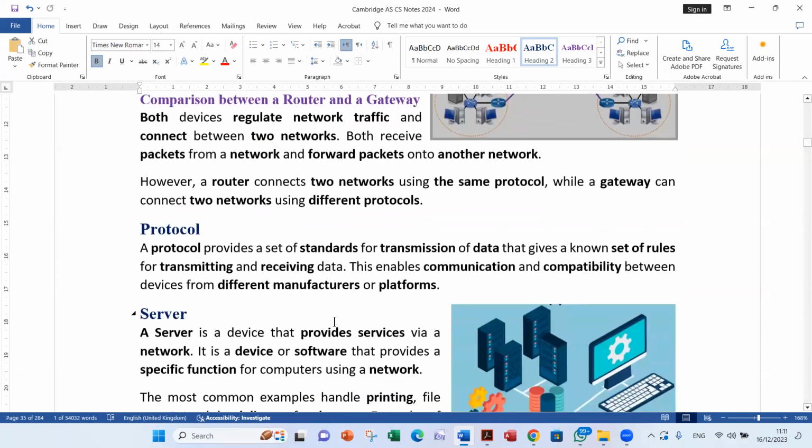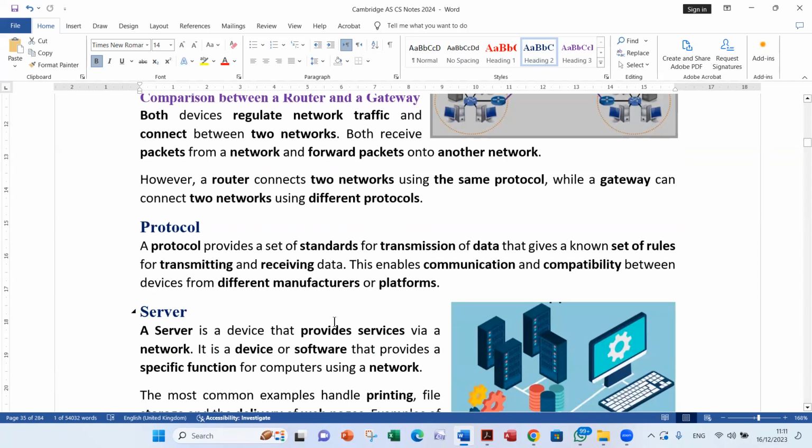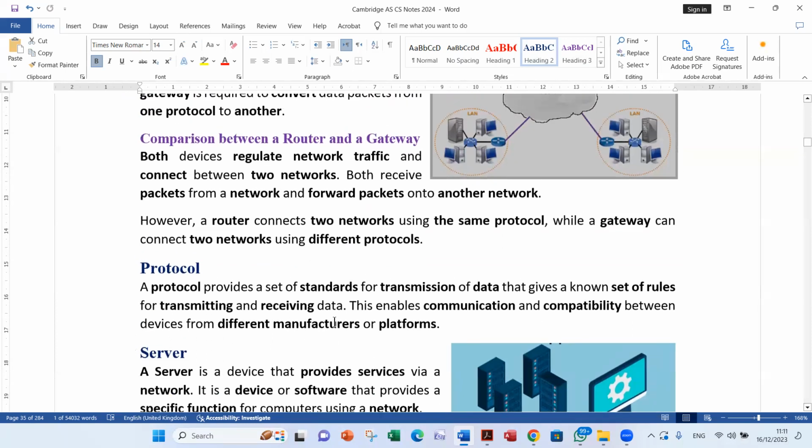Then there was a question to compare a router and a gateway. When the exam asks you to compare, the examiner is expecting you to put similarities and differences. When the exam says compare and contrast, you put differences and similarities.